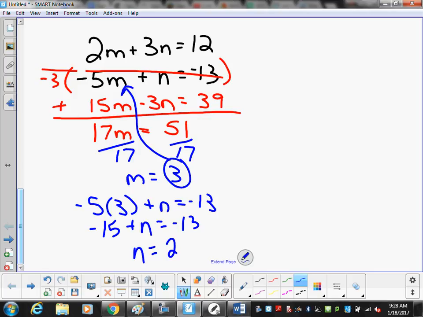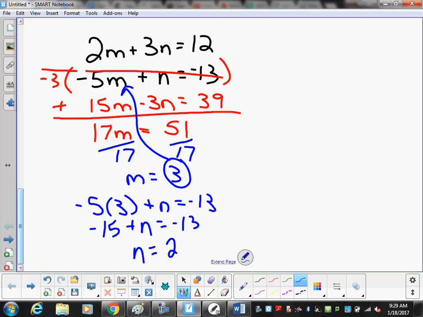Always go alphabetical. When you put your answer, it has to be 3 comma 2. Normally, in the equation they're going to put it in alphabetical order, but your answer has to be in alphabetical order.